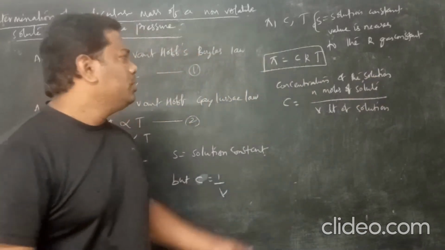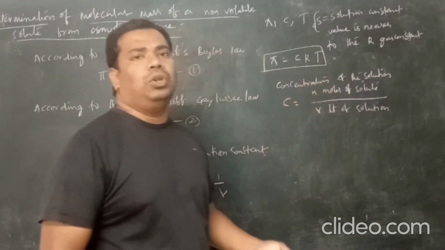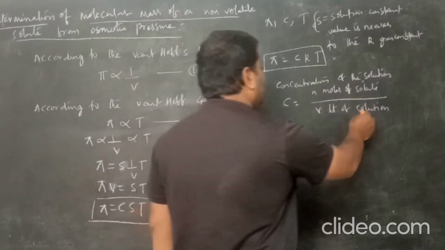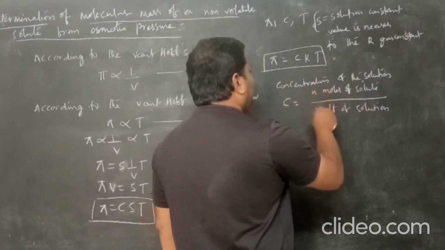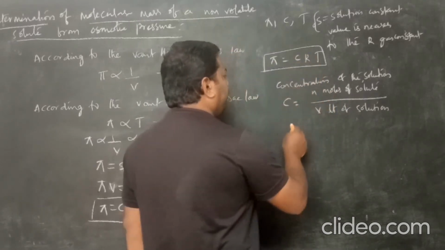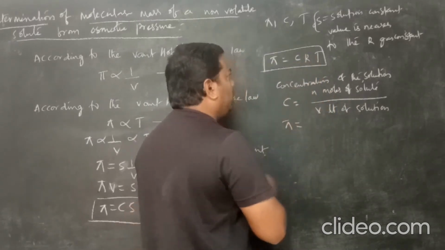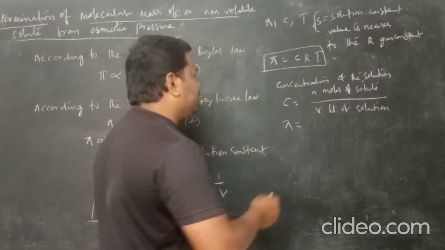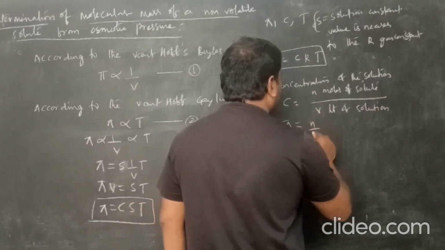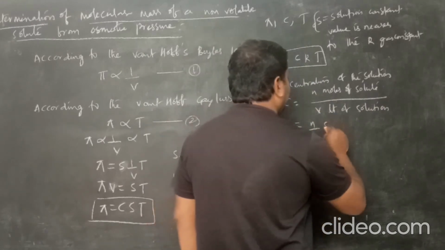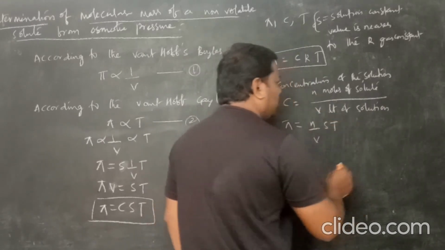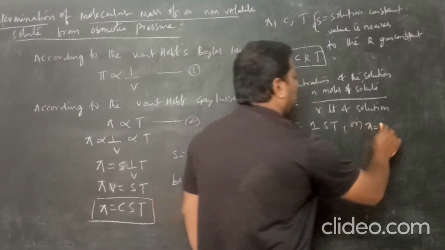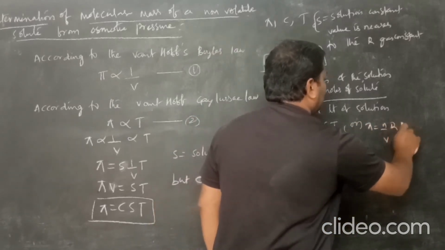Clear, students? So in place of C we will substitute n by V. Pi is equal to C into S T, or we can substitute both: C is equal to n by V, so pi is equal to n by V into S into T, or pi is equal to n by V into R into T.